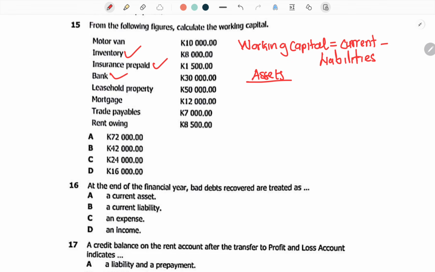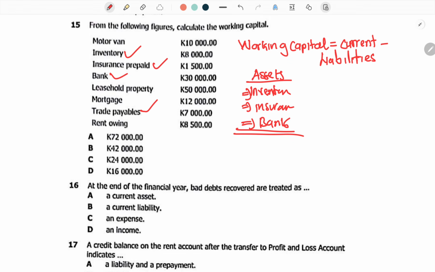So you would get your inventory. Make sure you get your inventory, your insurance, your bank, and add whatever you're going to get. Then you have your liabilities. Of course, trade payables are liabilities.